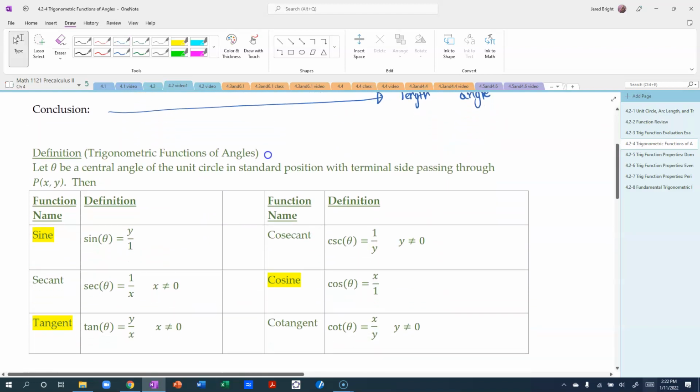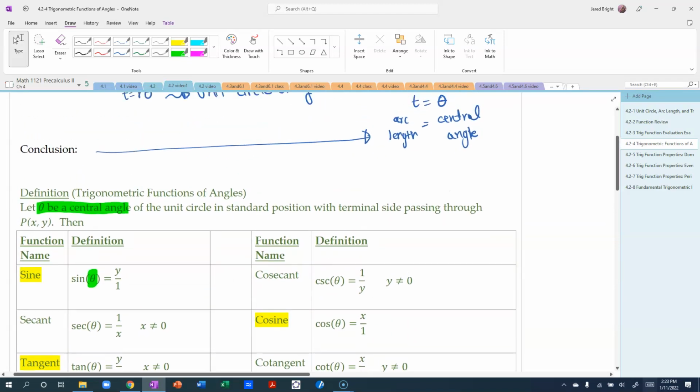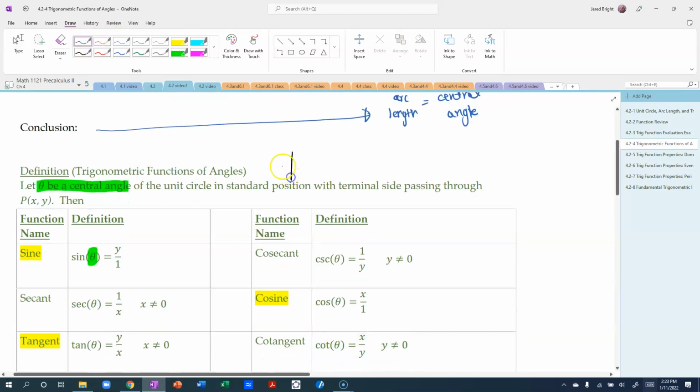Okay, and so that just leads to the same old definitions, and this is literally copied and pasted from the first video in this series, where I just put T theta instead of T. Okay, the same definitions apply. The only difference is that theta is our central angle, and so just remember as a visual that central angle.